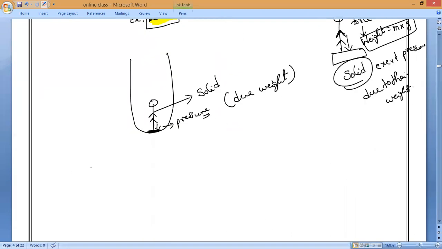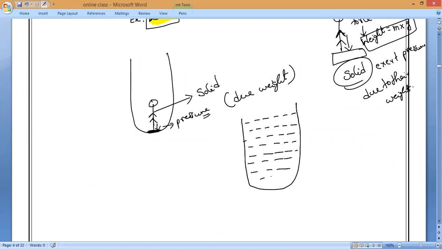But in place of the same container, if I fill it with liquid, now remember, liquid does not have any particular shape. If I close it with a lid and an external force is applied, then you can see the force of this liquid is exerted on all the walls of the container, and even in between.